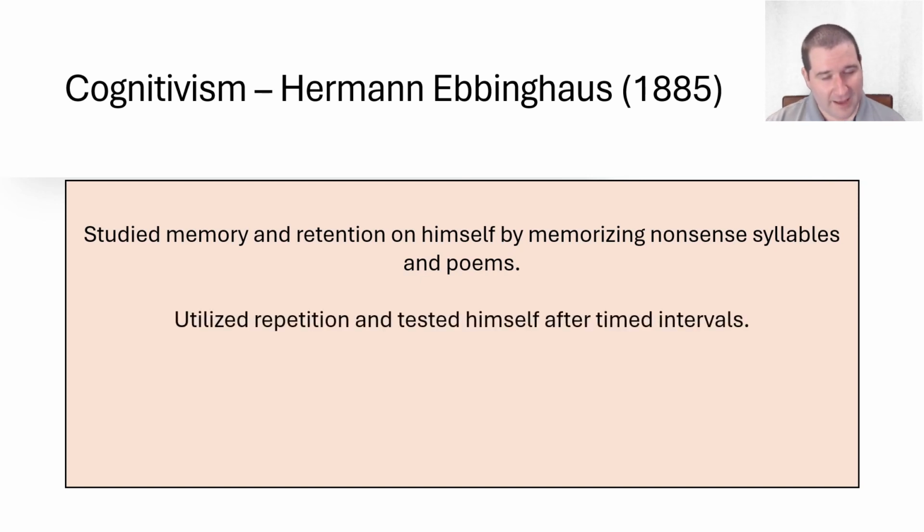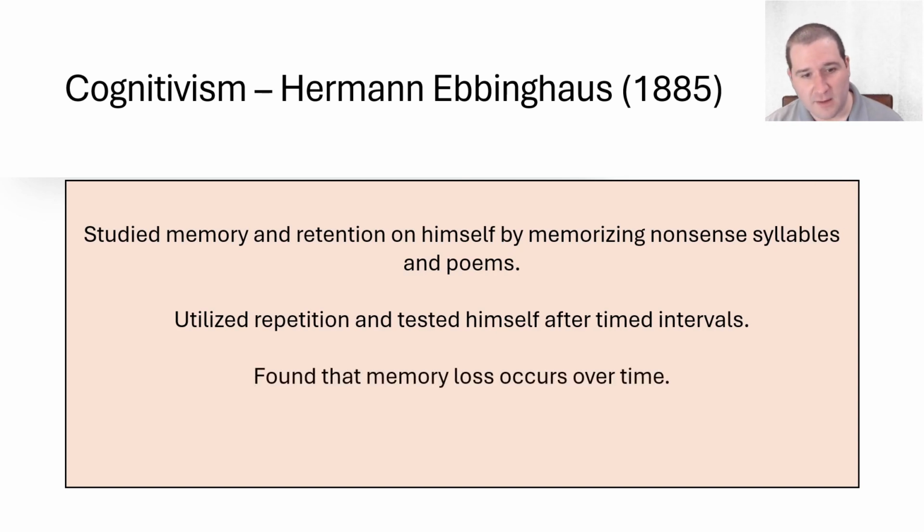Right? He utilized repetition for learning. Okay, he would read them over and over, that rote memorization, and he kept testing himself. And what he found is that memory loss occurs over time. Okay, you gradually lose some of what's stored in your memory. And he found this to be stronger with the nonsense syllables than things that make sense, like poems, which is very interesting for 1885.